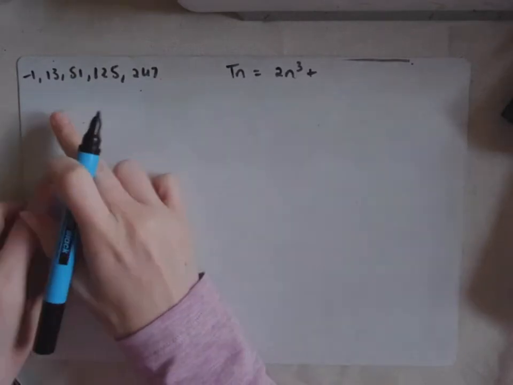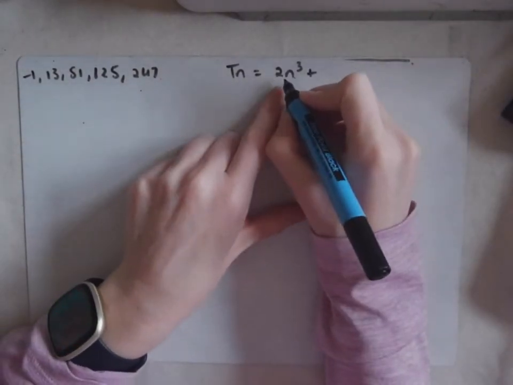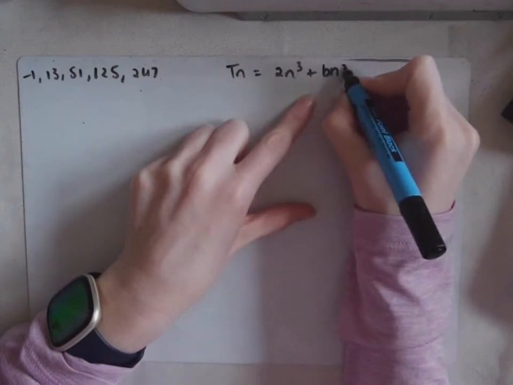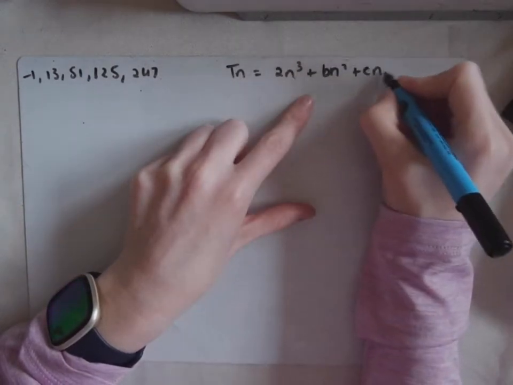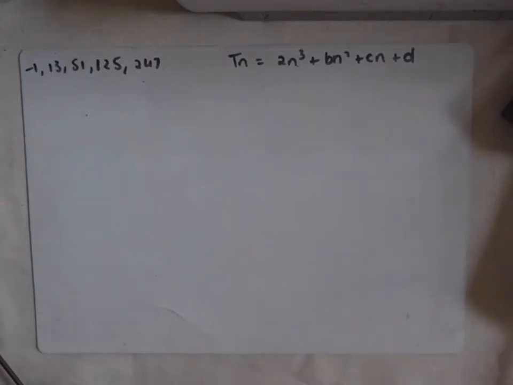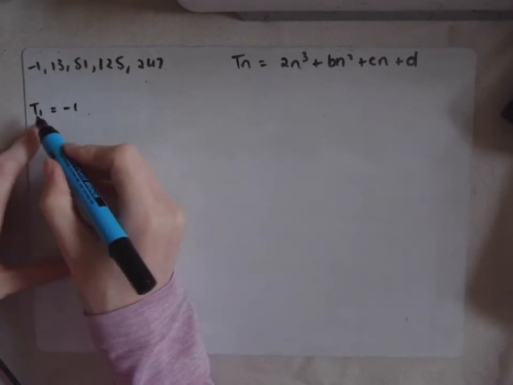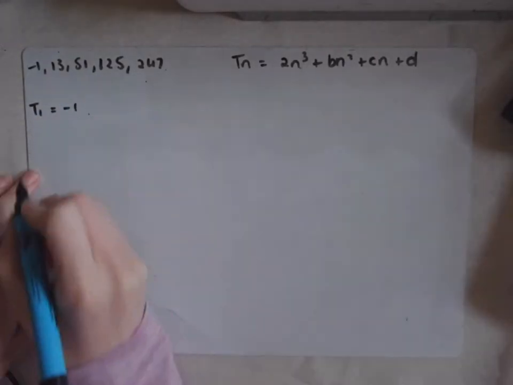Okay, so all I've done is I've written out my pattern and I filled in my a. So an cubed plus bn squared plus cn plus d. Okay, so exact same way you're going to do T1, T2 and you're also going to have to do T3 because we've got 3 variables. Okay, so T1 is minus 1. So that means when I fill in 1 for n, my answer is minus 1.